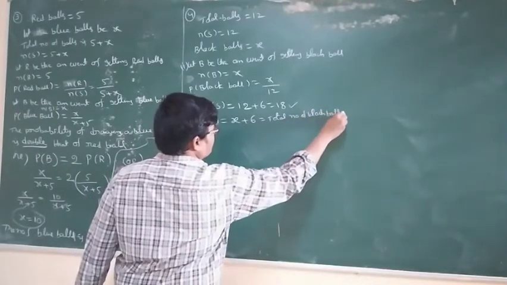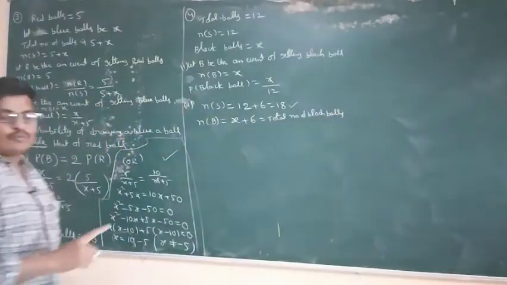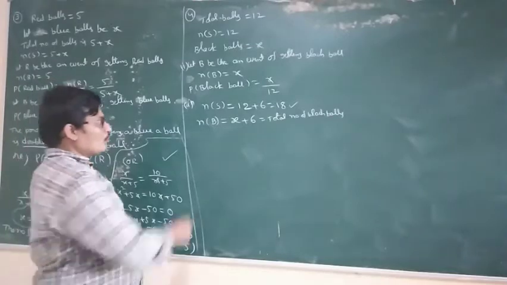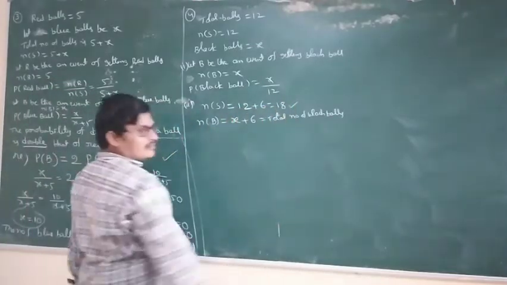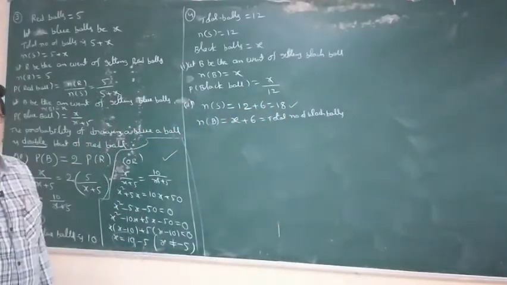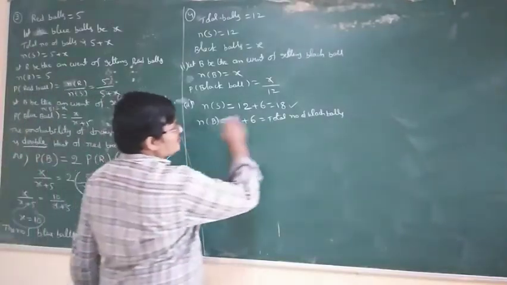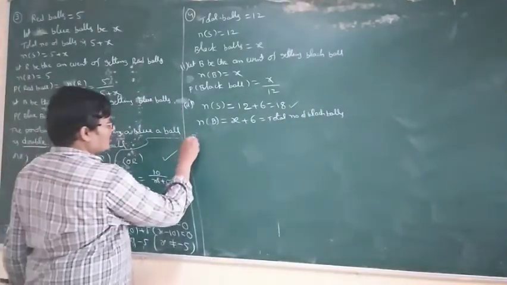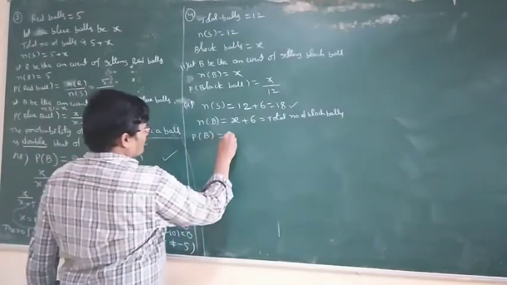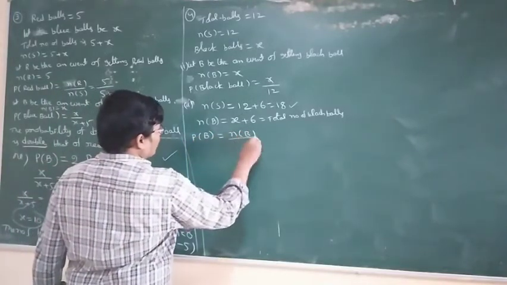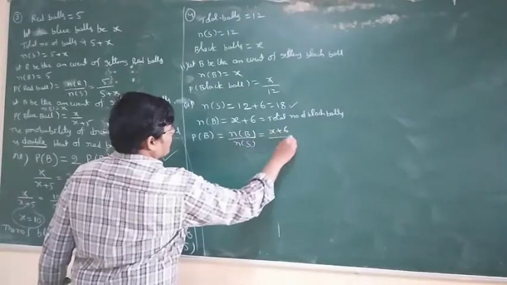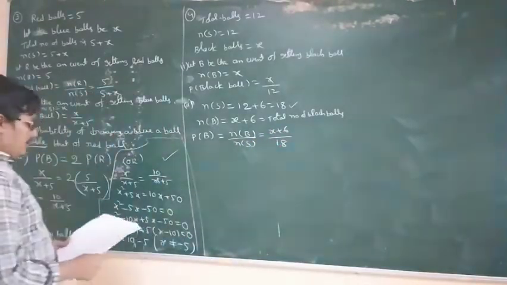Listen, 6 more black balls are put in the box, so extra 6 black balls, plus 6. So probability of black ball is equal to n of B by n of S, which is equal to x plus 6 by 18.